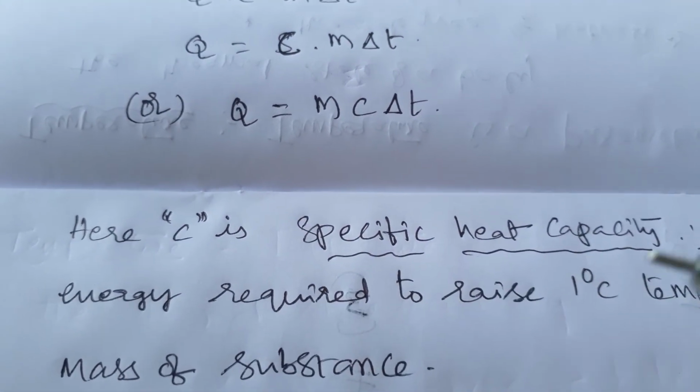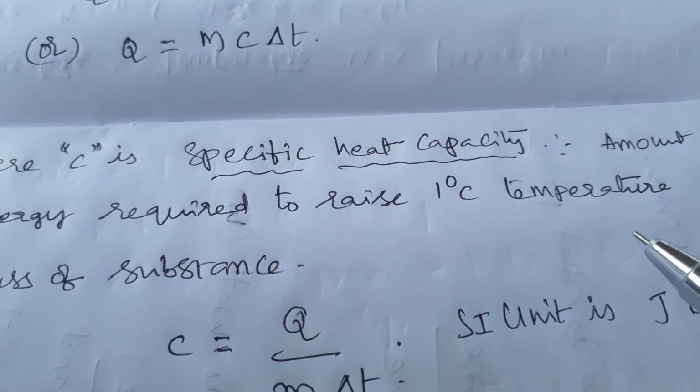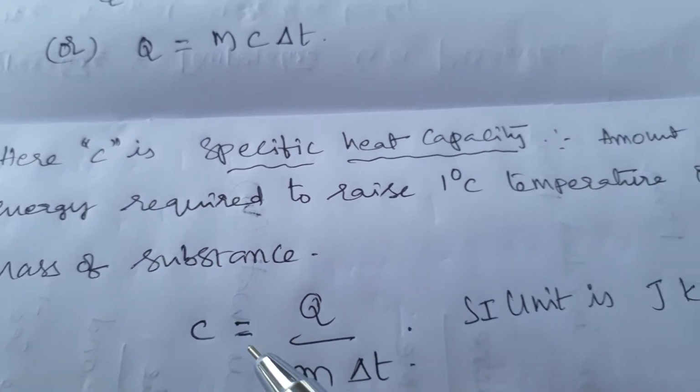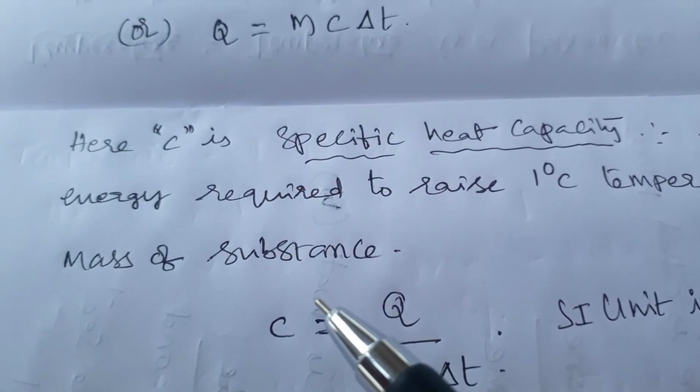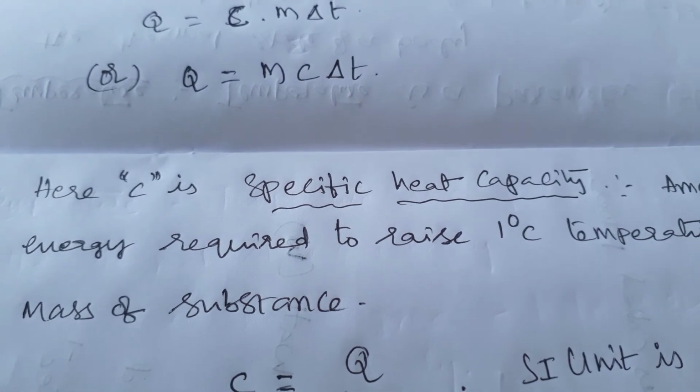Now, what is the meaning of specific heat? It is the energy required to raise the temperature of unit mass of the substance by 1 degree Celsius. Unit mass means 1 gram or 1 kg.